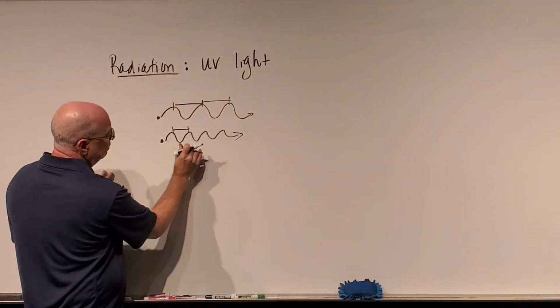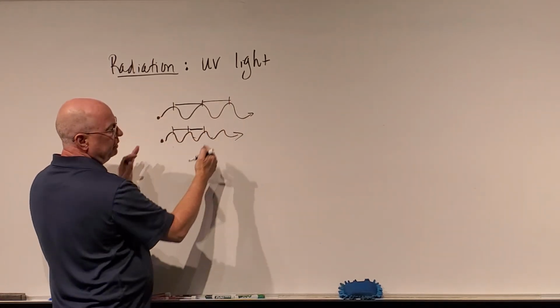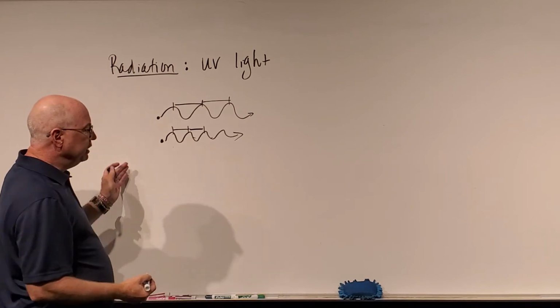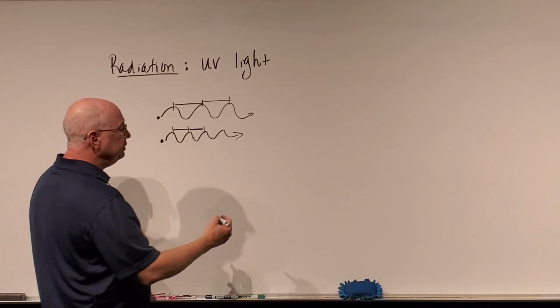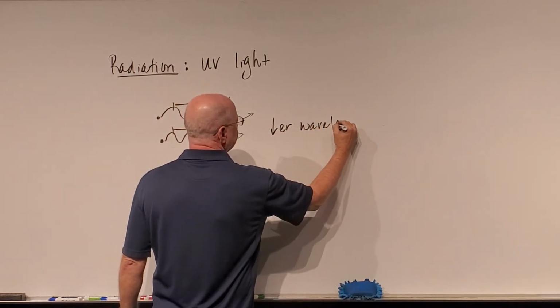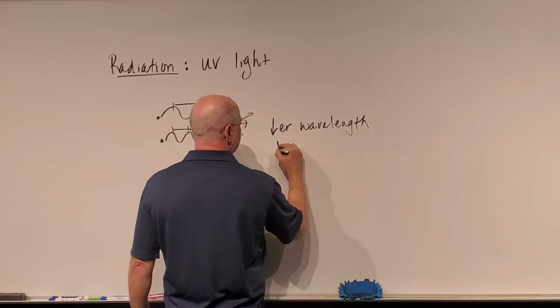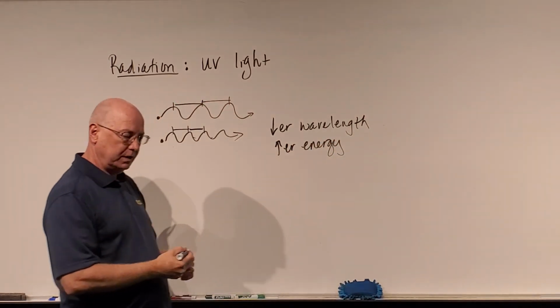A separate photon might have a smaller wavelength, and so I might fit 3 cycles in where another one only gets 2. So we can talk about the frequency or the wavelength. Now, one of the things that we know is that the lower the wavelength, the higher the energy at which the photons can travel.